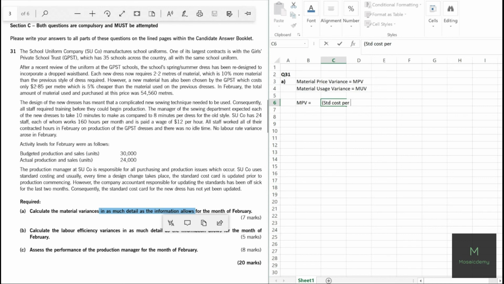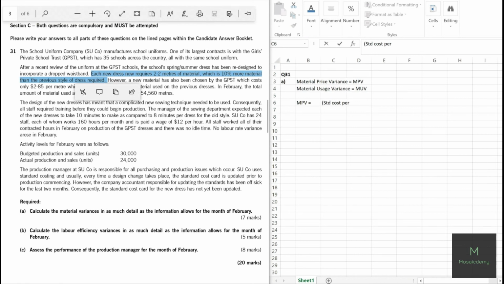After a recent review of the uniform, the school's spring-summer dress has been redesigned to incorporate a dropped waistband. Each new dress now requires 2.2 meters of material, which is 10% more material than the previous style of dress required. So the raw materials are in terms of meters rather than kg.